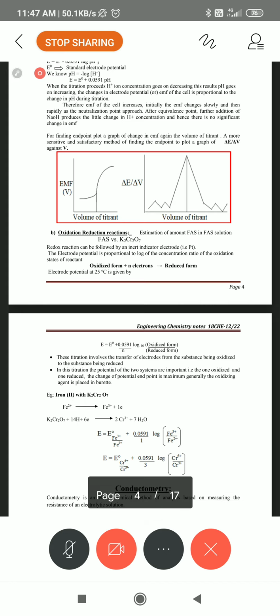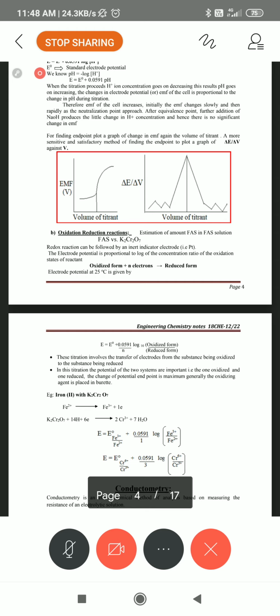You will get 220 or 240. Next, add another 0.5 ml, stir the solution, and you get 260. Again add 0.5 ml and you get 280.